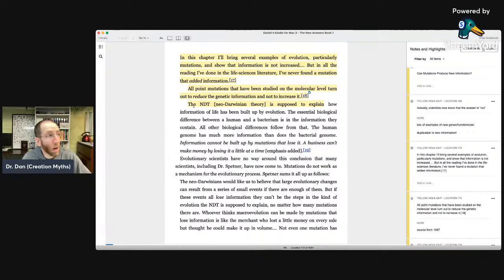The next line here is a problem. "The NDT, neo-Darwinian theory, is supposed to explain..." Stop right there. Neo-Darwinian theory is from the 1940s. That's the modern synthesis of evolution. We've done a lot of work since then. Things like neutral theory, endosymbiotic theory, niche construction, epigenetics, all kinds of advances in genomics, evo-devo, right?